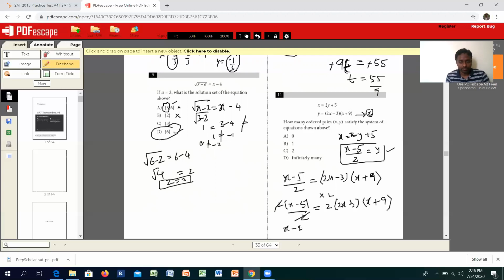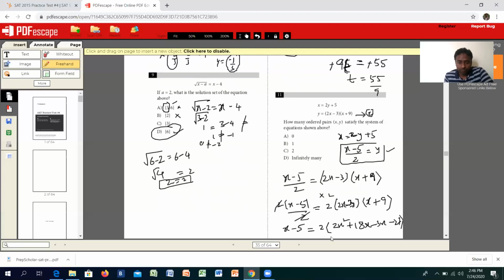I'm going to get x minus 5 is equal to, multiply this one, this is negative 3. So twice of 2x square, plus 2 times 9x is 18x, minus 3x, minus 27.